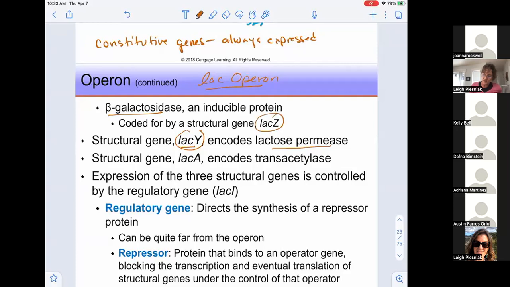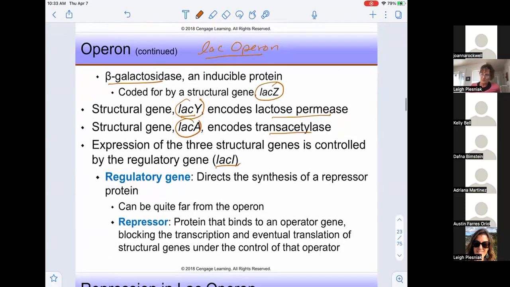Beta-galactosidase is the LAC-Z gene. LAC-A codes for transacetylase. And LAC-I encodes for a repressor protein. So a repressor is a type of transcription factor that blocks transcription. So it's a protein.